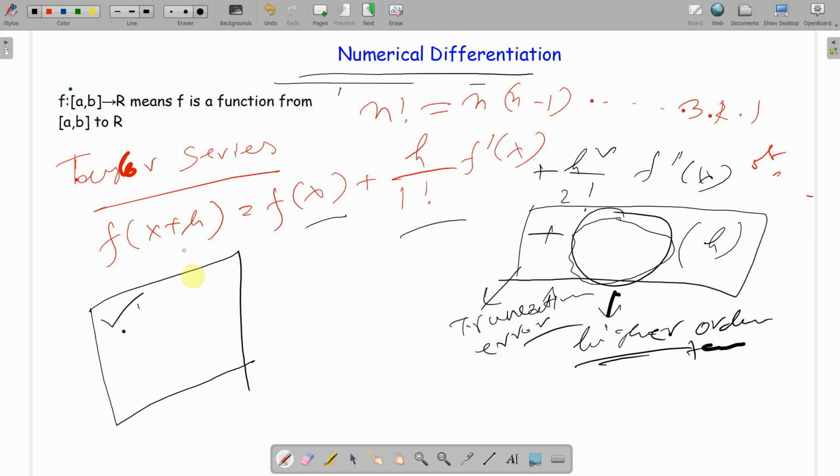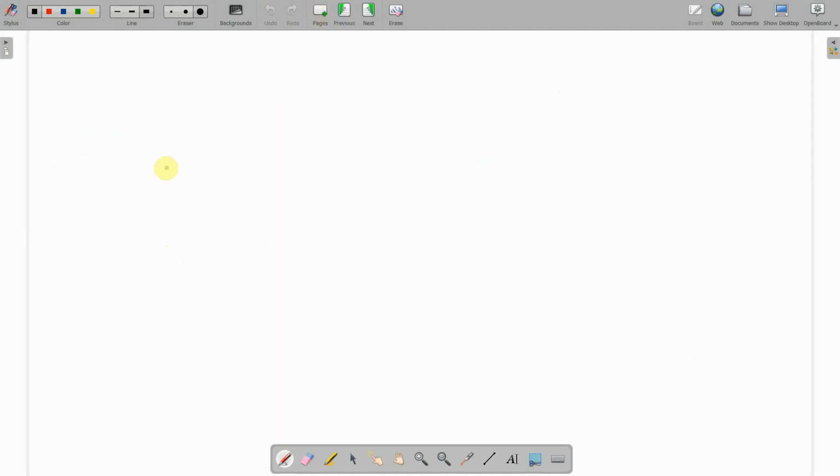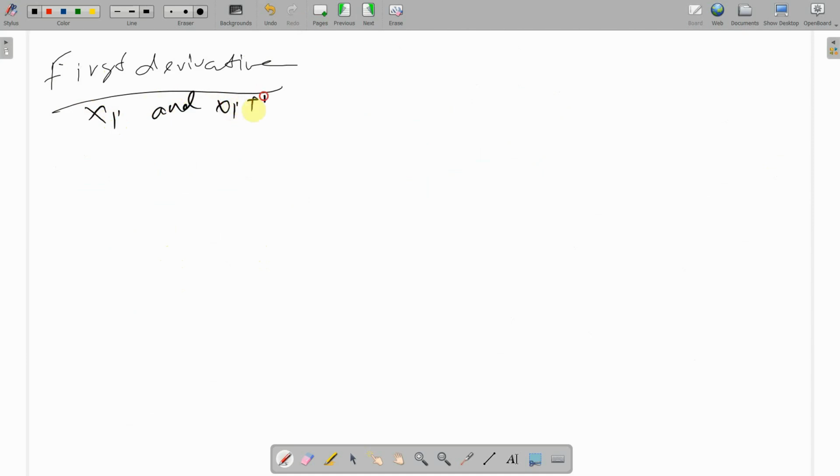Okay, so for the first derivative, what can we do? Suppose the values of the function at x_i and x_i plus 1 are f(x_i) and f(x_i plus 1).